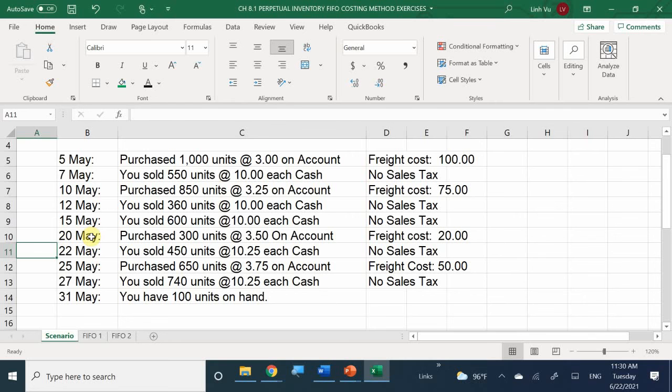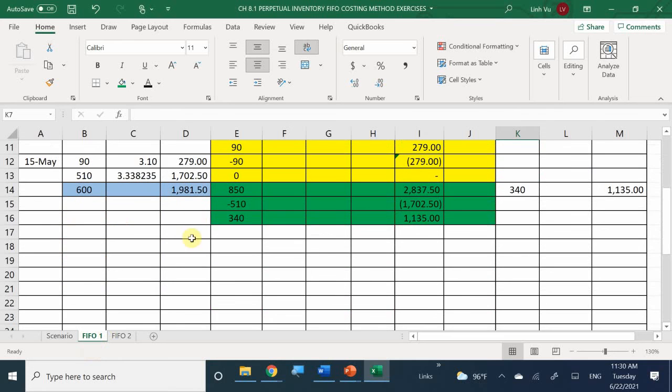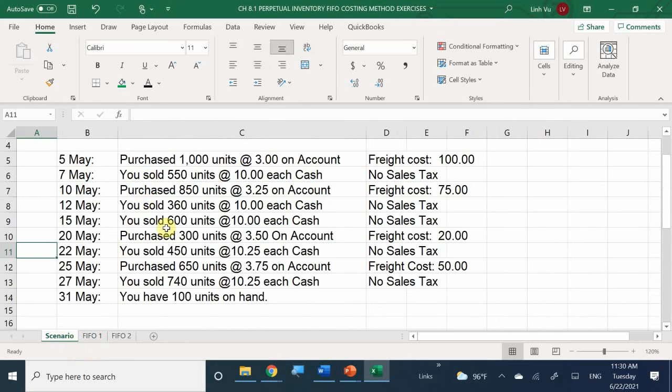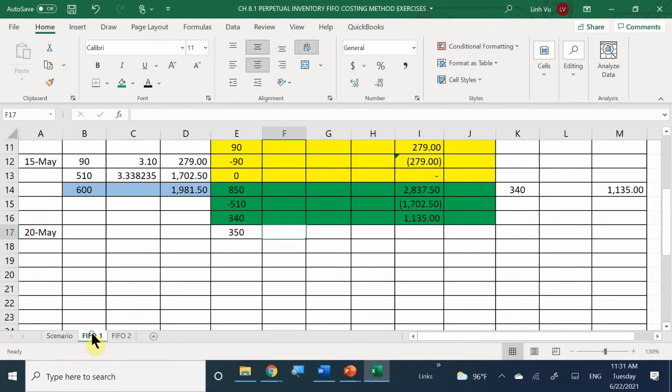So 300, $3.50, and 20. So that's $1,050 and $20 freight.